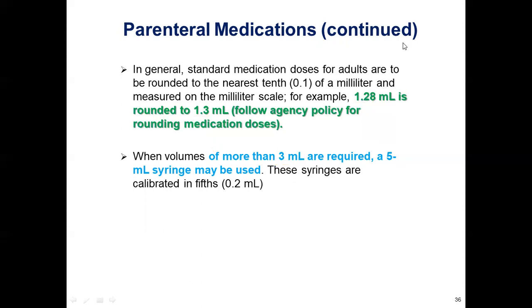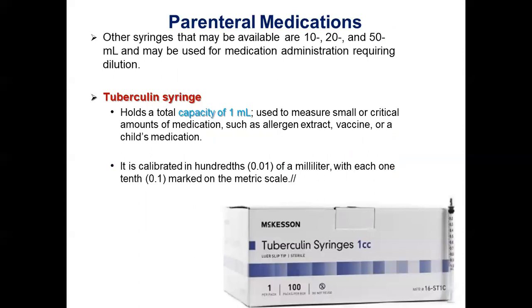What else? Now they said, a tuberculin syringe holds a total capacity of 1 ml and is used to measure small or critical amounts of medication such as allergen extract, vaccine, or a child's medication.